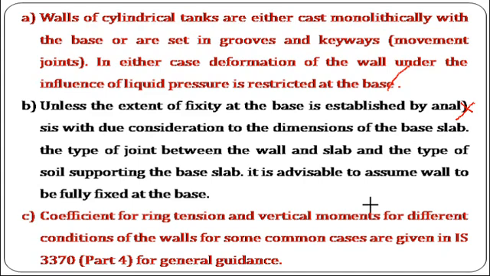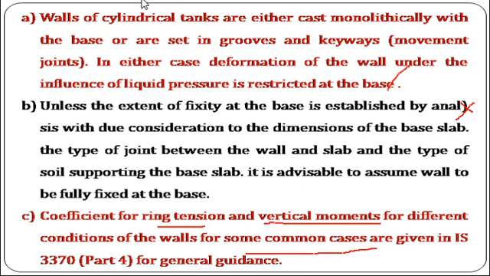Next, the coefficients of the ring tension and the vertical moment for the different conditions of the wall, for some common cases, are given in IS 3370 Part 4 for general guidance.